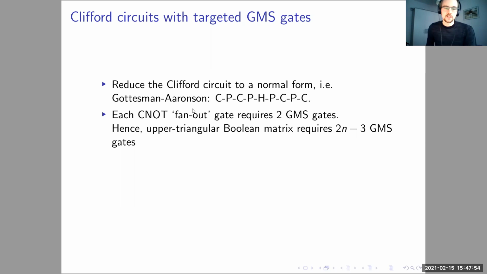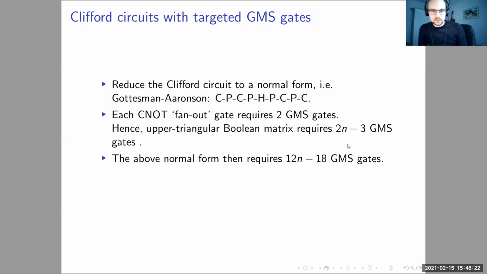And then if you think a bit about it, if you have an upper triangular Boolean matrix that you want to synthesize using these CNOT fan-out gates, then for an n by n matrix you have n-2 fan-out gates, and then you're at the last column, and this last column requires a single CNOT gate. So this requires 2 times n-2 plus 1 GMS gates, so that's where this number comes from. It turns out that using this normal form requires 12n-18 GMS gates.